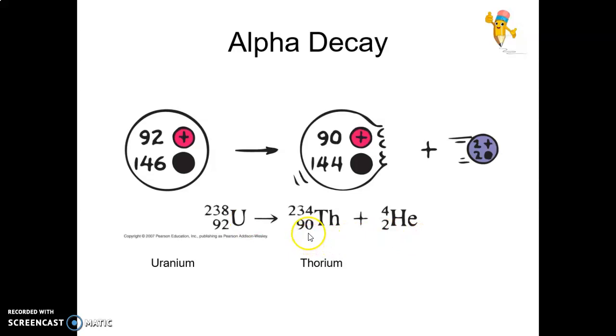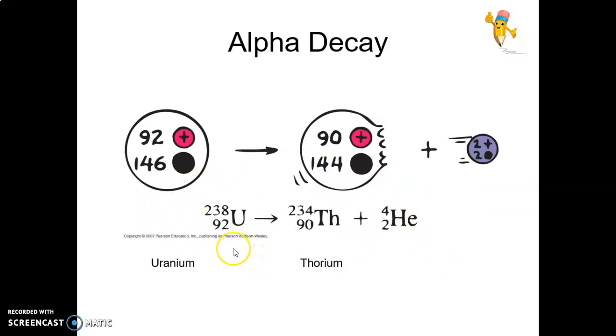So example, you have 90 plus 2 is going to equal 92. You have 234 plus 4 is going to equal 238. So that is one way to go back and check and make sure that you have completed this process correctly.